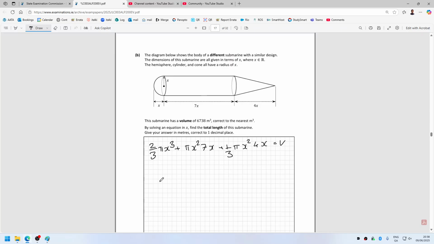Okay, so that's 2/3 pi x cubed plus 7 pi x cubed plus 4/3 pi x cubed equals 6738. Okay, 2 divided by 3 plus 7 plus 4/3. So that is 9 pi x cubed equals 6738.